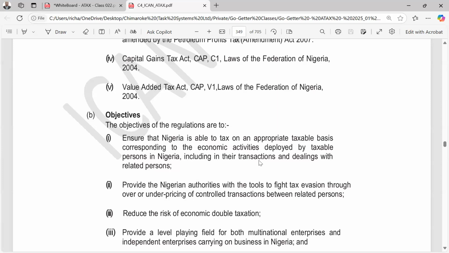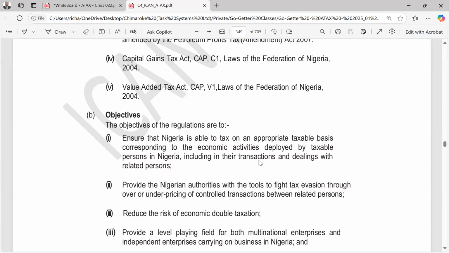It will also provide the Nigerian authorities with the tools to fight tax evasion through over or underpricing of controlled transactions between related persons. Now, I will explain this. What is tax evasion? Tax evasion, we said in the previous class, is when you are illegally trying to avoid tax.